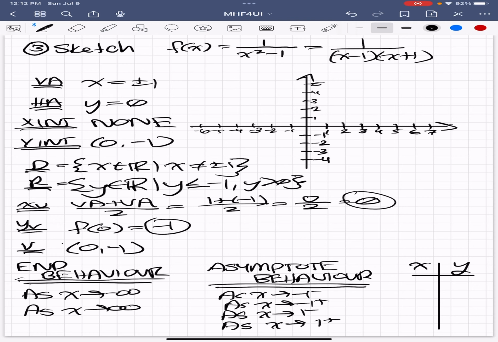Okay, let's get to graphing. So this one is going to be a skinnier parabola.